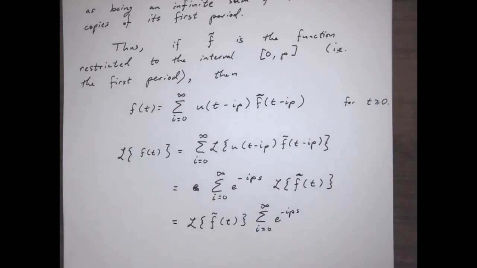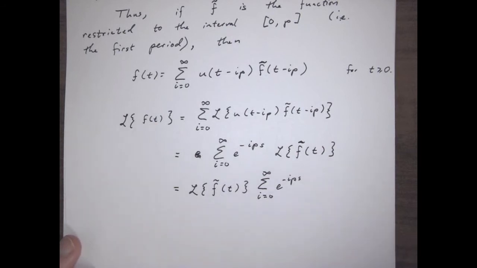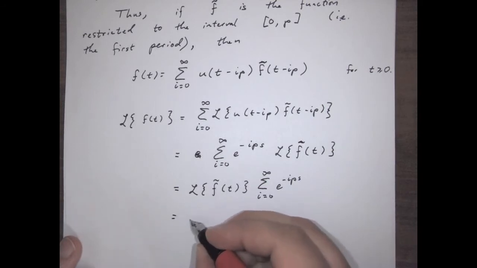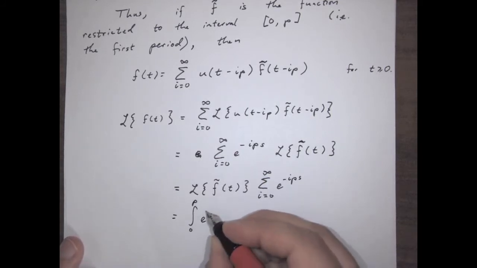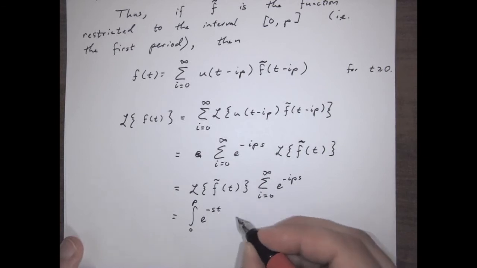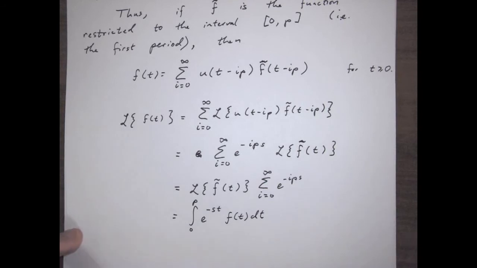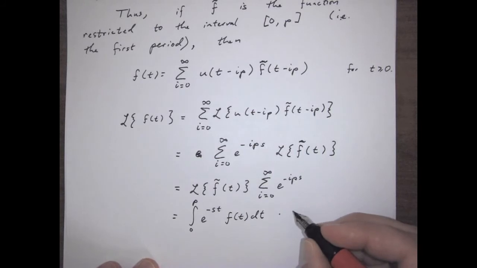And so we have now this expression, the Laplace transform of the truncated version of f times this sum over here. And this part right here is then going to be the integral from just 0 to p of e to the minus st f of t dt. So it's just cut off at the end of the first period, times this, which is a geometric series.